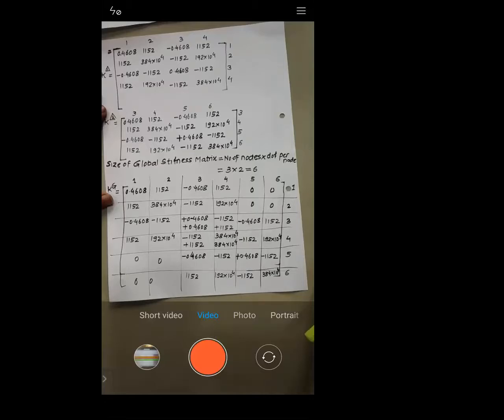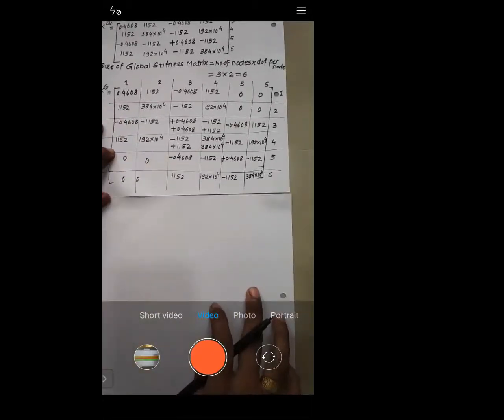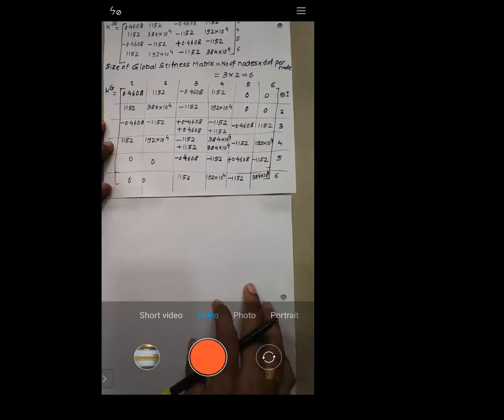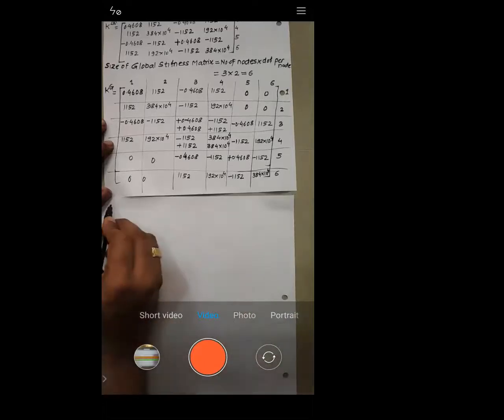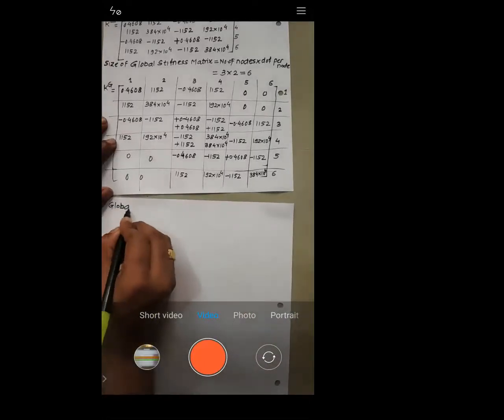Let me know what we are supposed to do afterwards. Sir, boundary condition. Sir, we will multiply with displacement to get the force. We need to write down the global matrix, global stiffness matrix, or GME, global matrix equation.